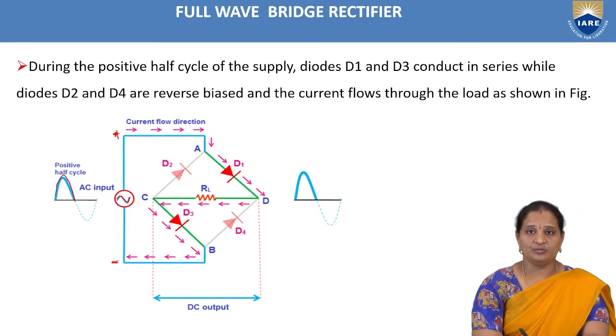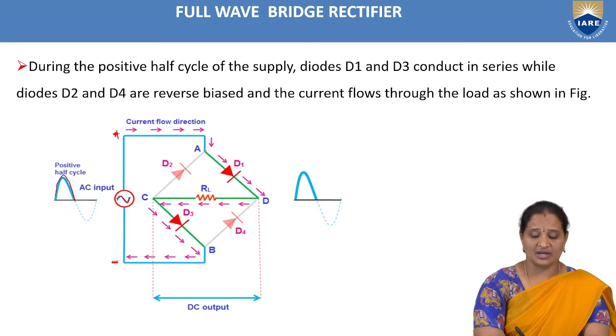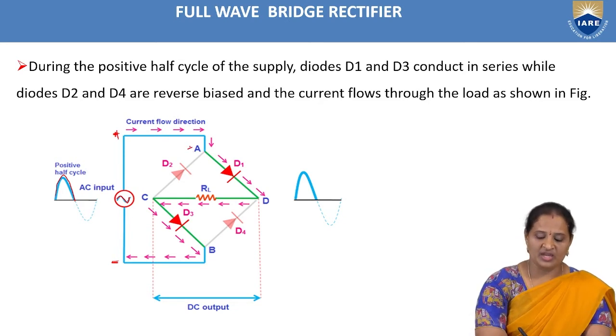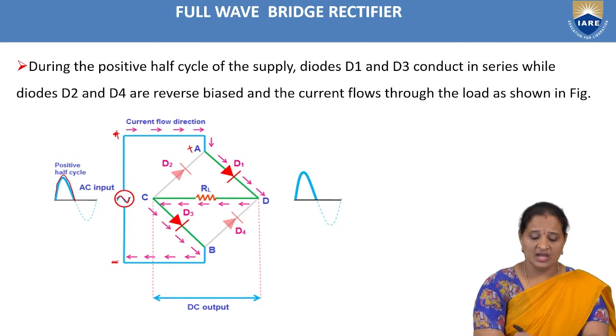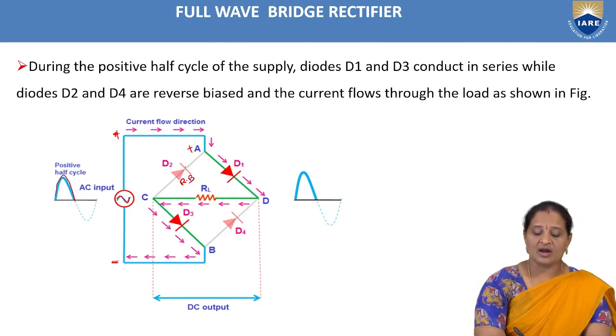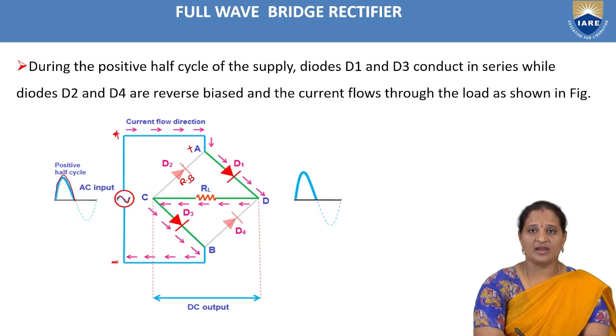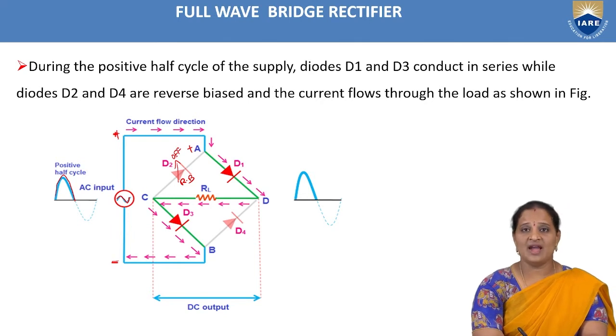Diode D2, whose cathode is connected to point A, where point A is at more positive potential, is reverse biased, because the cathode of diode D2 is applied with more positive potential, and hence this will be off, or else we can say that diode D2 is open circuited.